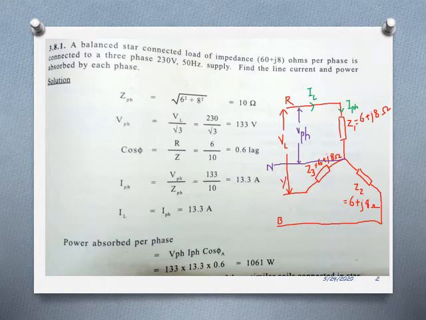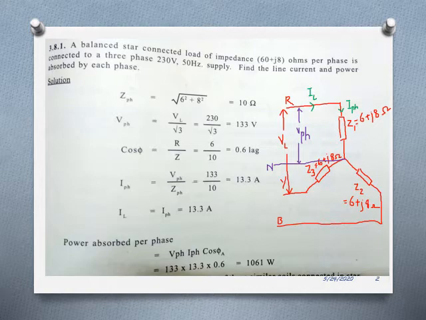Next you have to find the phase current. Phase current IPH will be equal to voltage per phase VPH divided by impedance per phase ZPH. You should understand this equation. IPH is equal to VPH by ZPH. You can never write an equation like IL is equal to VL by ZL, because impedance is always per phase.